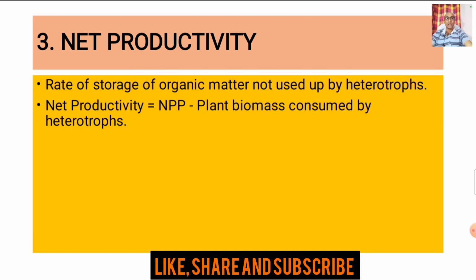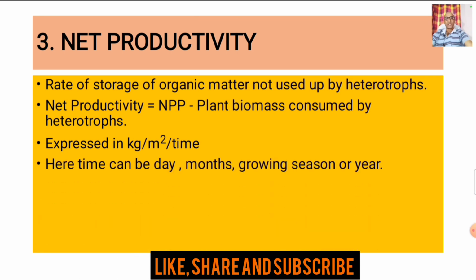The equation is NPP, or net primary productivity, minus plant biomass consumed by the heterotrophs. It is expressed in kilogram per meter square per time. Here time can be a day, months, or a growing season. So this is what net productivity is.